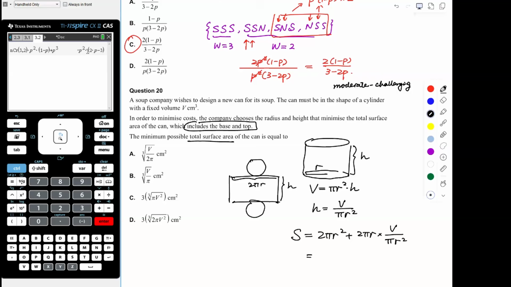Then I have to sub this r value into the surface area function. So you get something like 3 times pi to the power 1/3 times 2v to the power 2/3 over 2. This expression means 3 times the cube root of 2 pi times v squared.